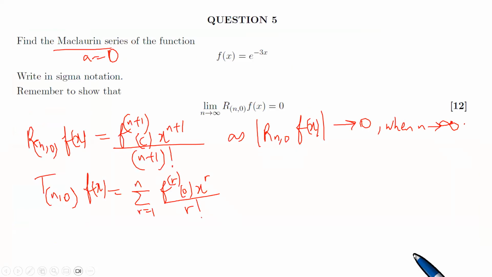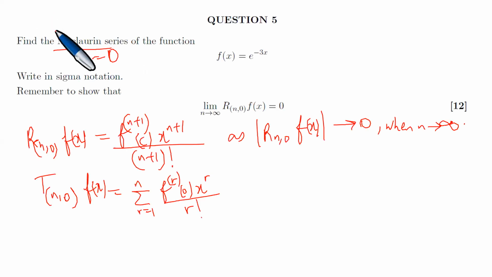Just practicing. We are going to consider here f of x. So let me pick my writing pen. The f of x is e to the minus 3x.